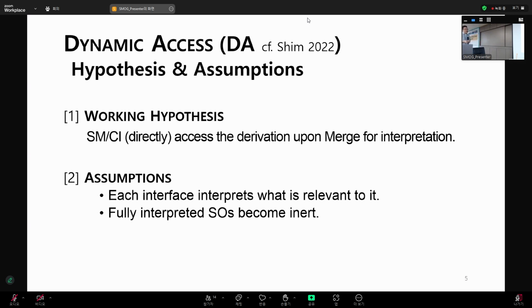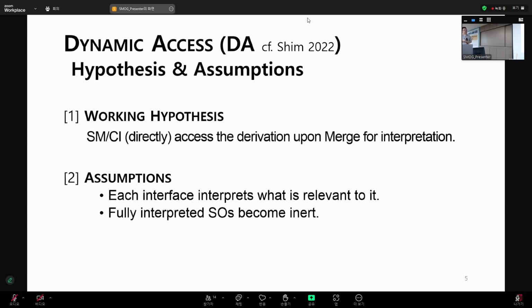That's my working hypothesis. And two assumptions. I think these two are quite intuitive to me, but I'm not sure how they will look to you. The first one is each interface interprets what it can interpret. I think it's quite intuitive, or if not, tautology.